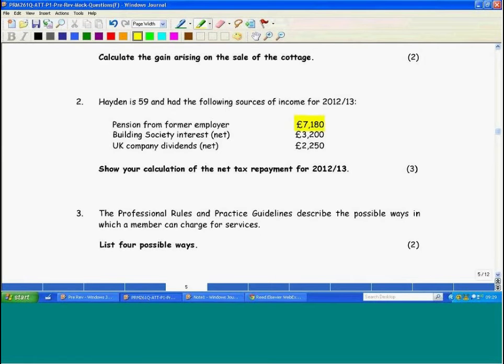So remember, if you end up using your personal allowance against your non-savings income and you wipe out that column perhaps, if the first income that you're actually taxing is savings income, remember you do have that 10% tax rate for the first £2,710 that falls within that savings income. But it's only if that income is the first income that you come to tax. So that's what question 2 wanted to test you on. I just wanted to bring that to your attention.